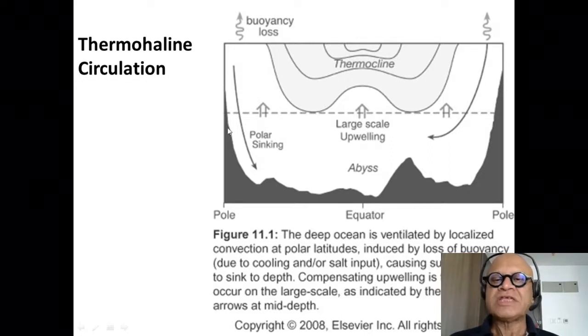In a broad sense, we will create a simple model that says deep water sinks out beyond a certain depth, and then that water from the abyss is being returned to the surface with large-scale upwelling.